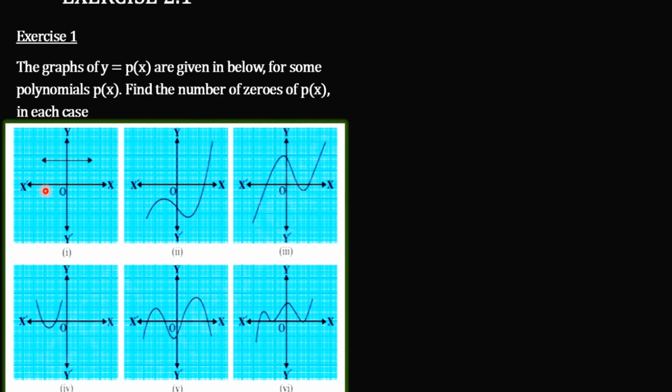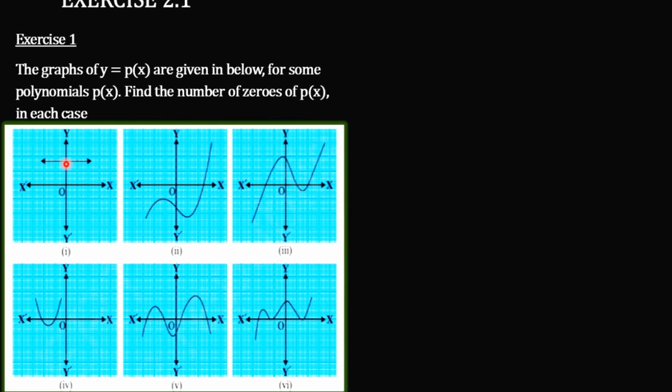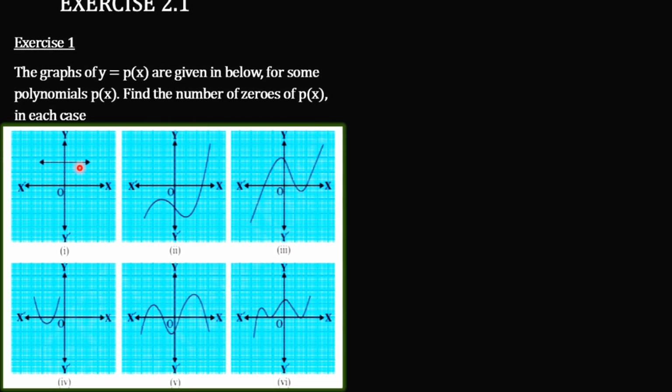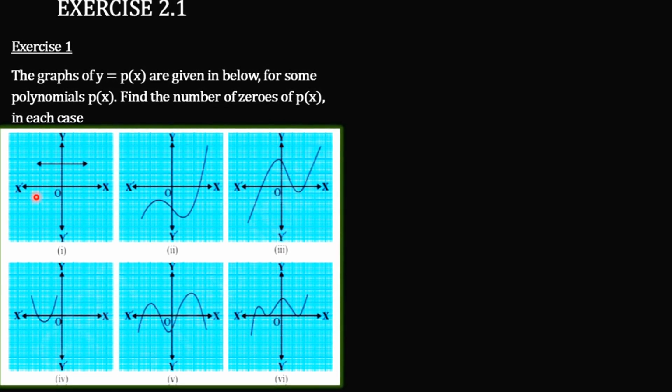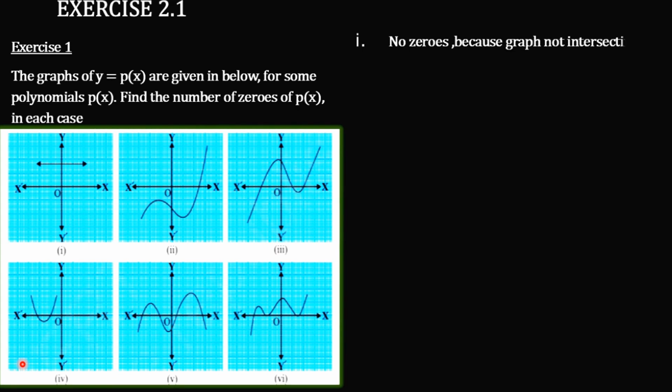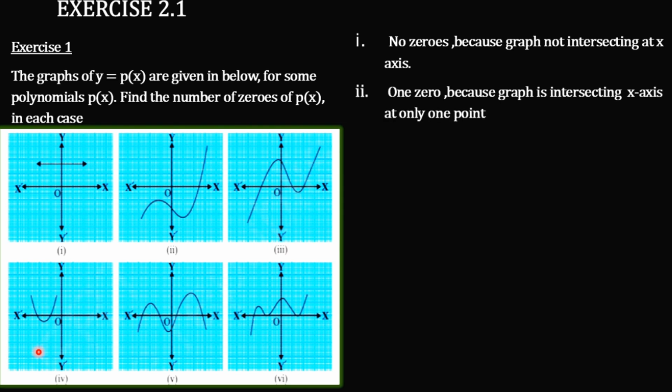Here the graph of the polynomial is not intersecting the x-axis, so the number of zeros is 0. No zeros because the graph is not intersecting the x-axis. Here the graph is intersecting at 1 point, so the number of zeros is 1.